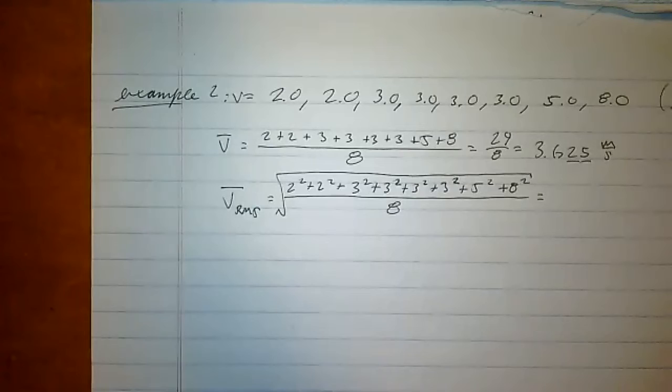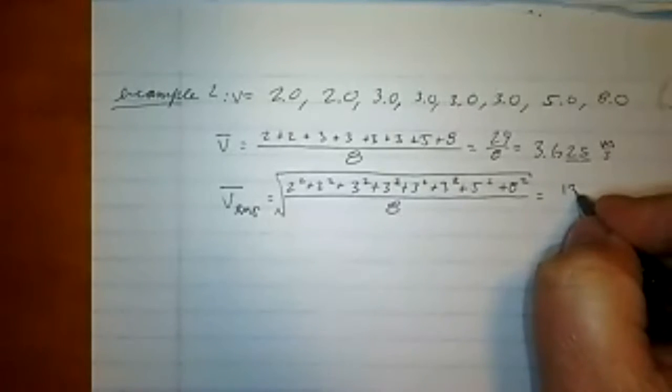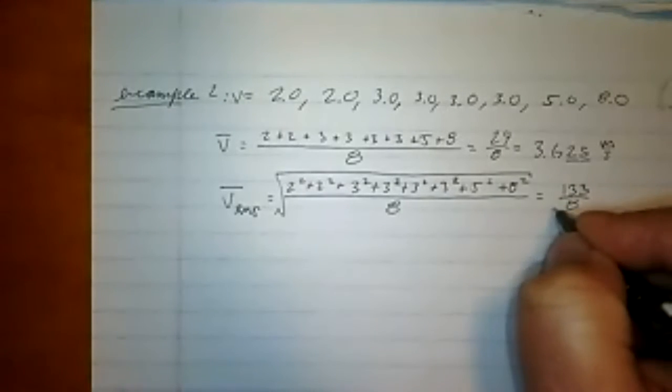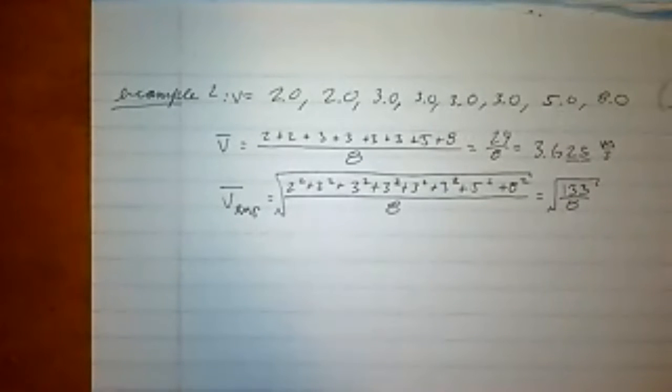So when I do that, I'm going to get 4 plus 4 plus 9 times 4 is 36, at least in my world. 5 squared is 25, and 8 squared is 64. So I got 133 divided by 8, and then take the square root.